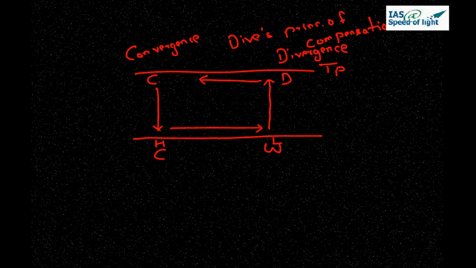So similarly, at the tropopause, it will blow away the air, and it will be the divergence, that is moving away from each other. Divergence. So with divergence, the air will again move to the area of high pressure where the air is sinking, and it will converge. Convergence. So that is the phenomenon which is happening in our atmosphere.